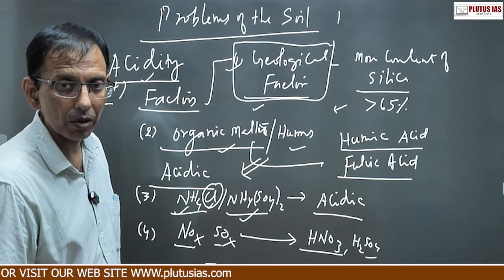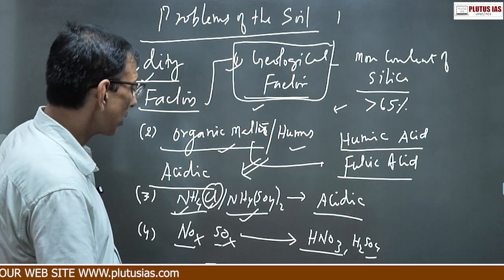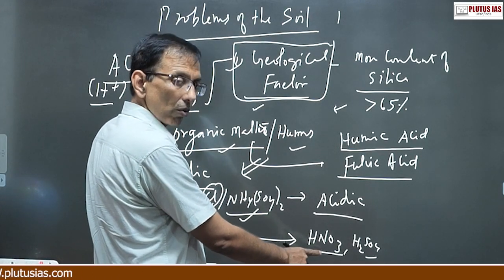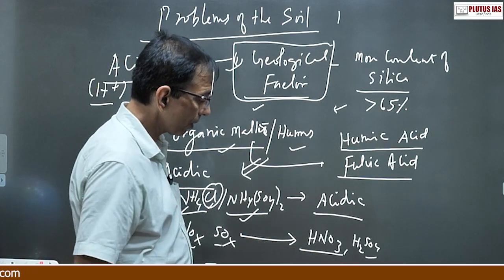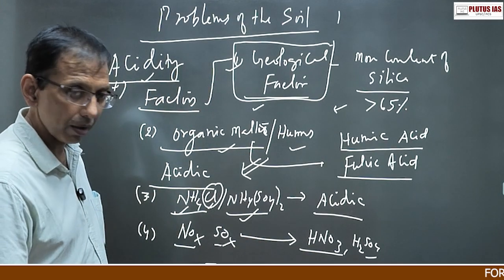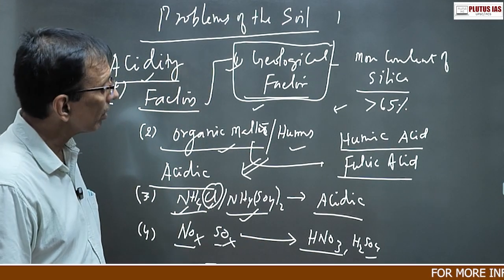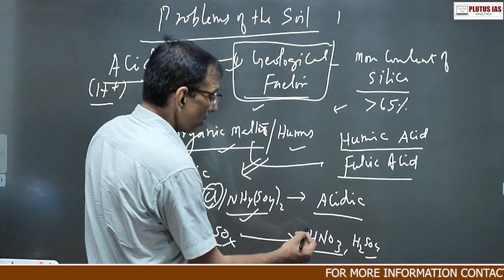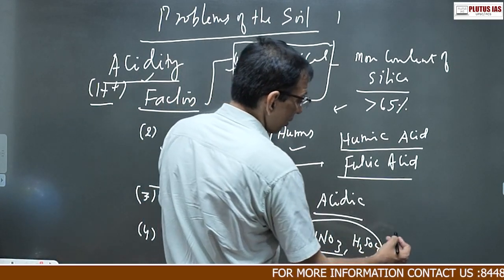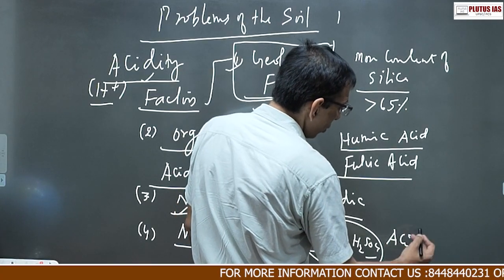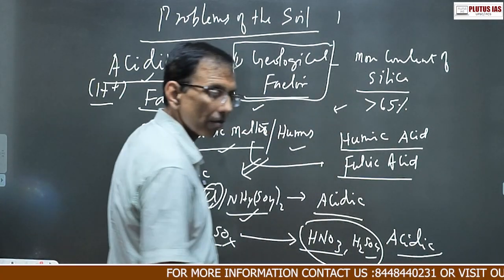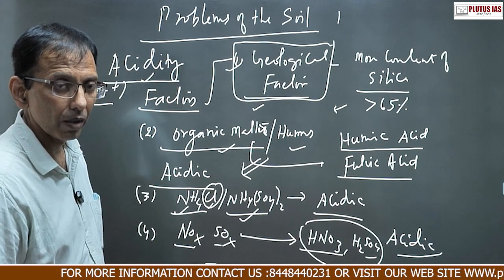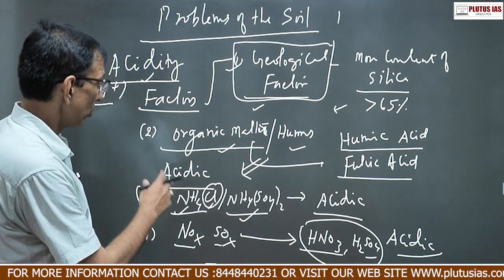You might have heard of the word acid rain. Acid rain is nothing but the acid formation due to industrial pollution in the atmosphere and its further precipitation to the soil. That is acid rain. So acid rain might be causing acidity to the soil, right. So this is the factor.